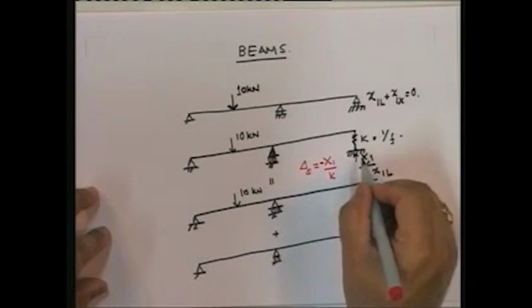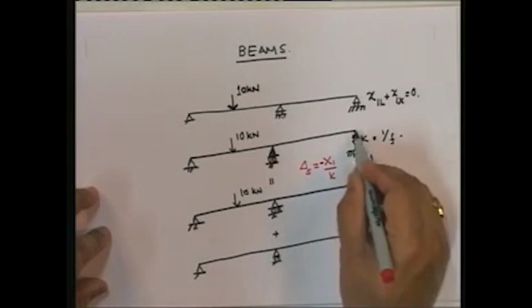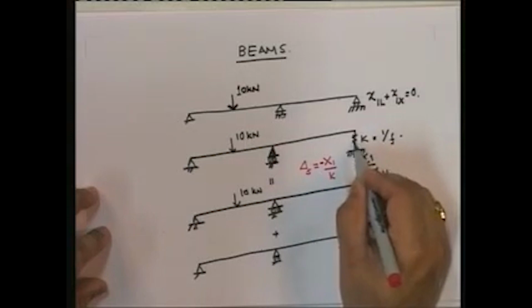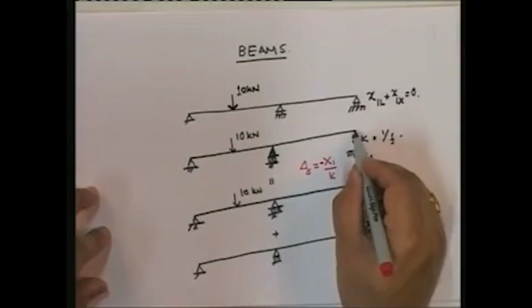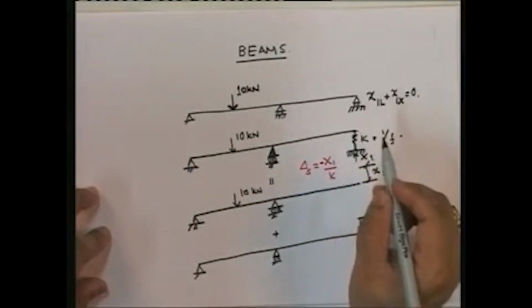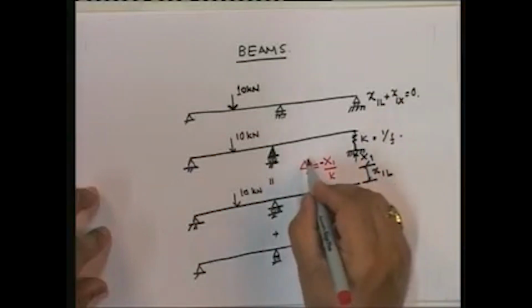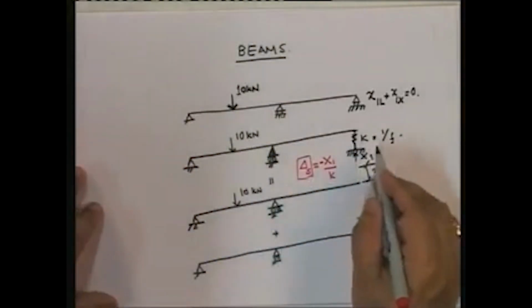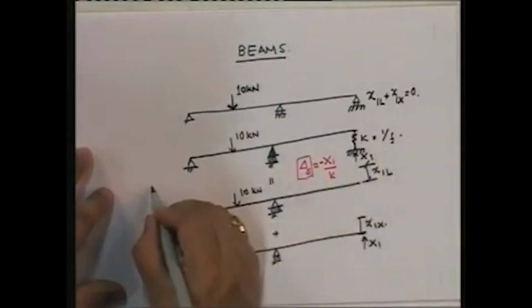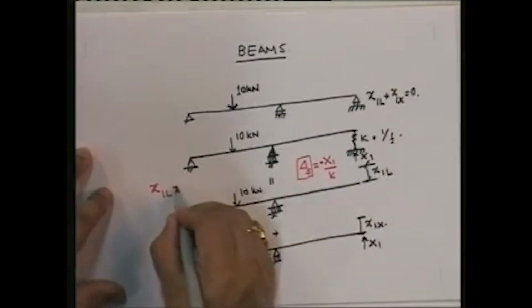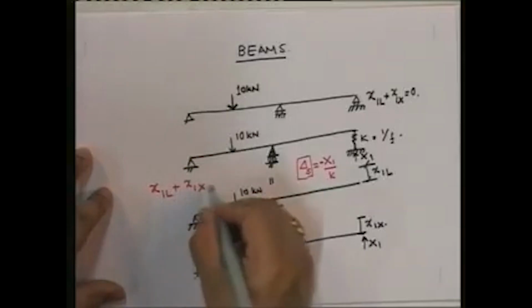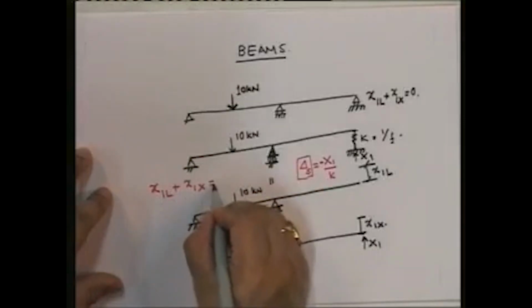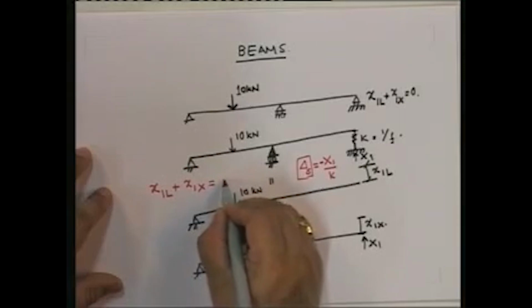Because if x1 is this way, the deformation is compression, and then this point actually goes down by the value of delta S. And so therefore, for this particular situation, once we have the flexible support, the equation becomes x1L plus x1x is equal to minus delta S.